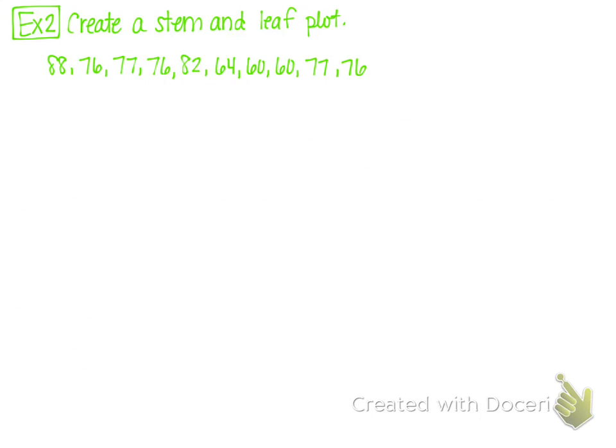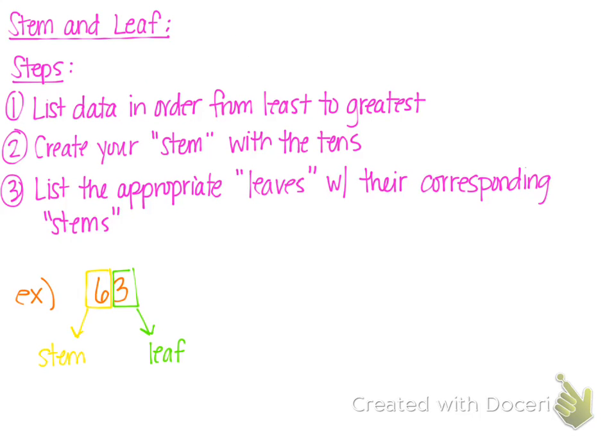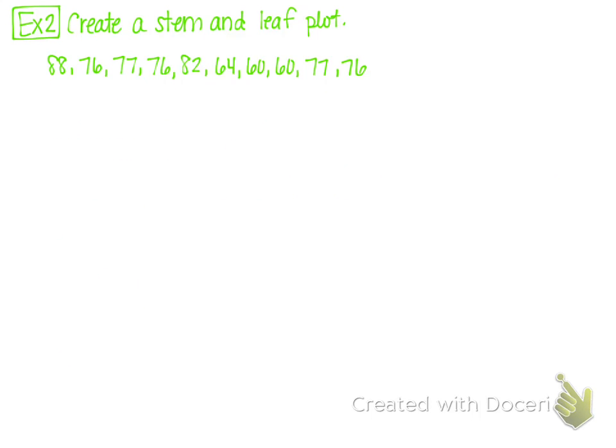Example 2 says create a stem and leaf plot. So step 1, list the data in order from least to greatest. Our smallest piece of data is 60, and then we also have another 60. The next biggest piece of data is 64.